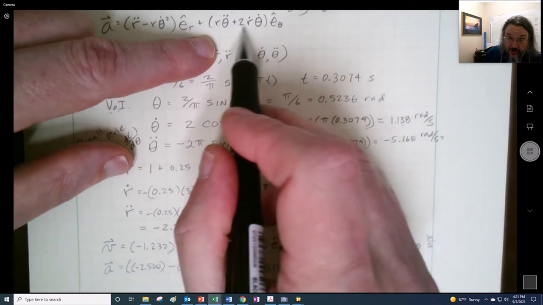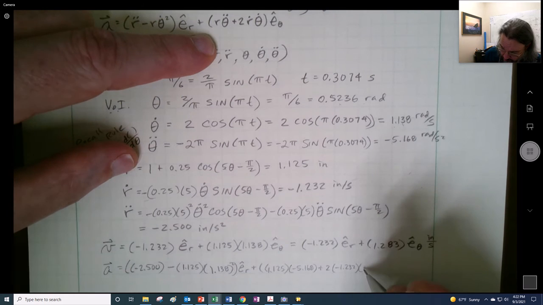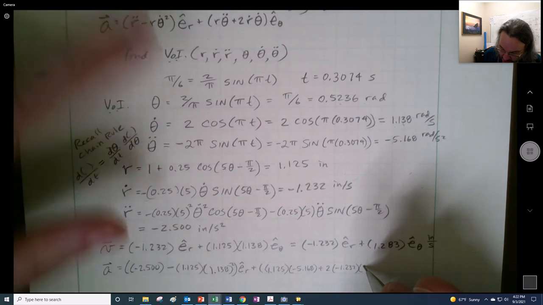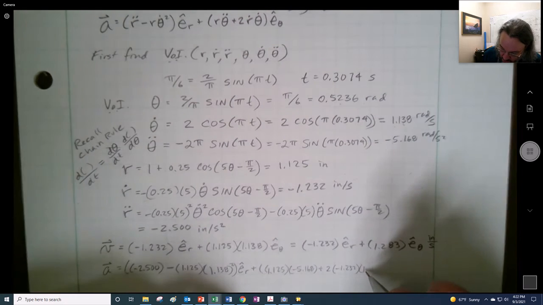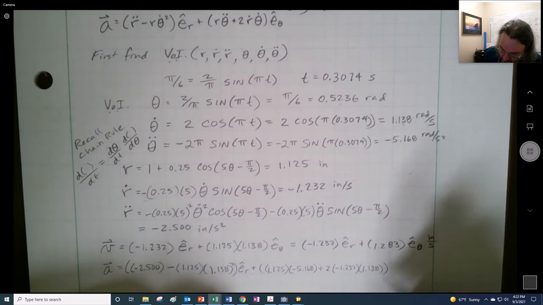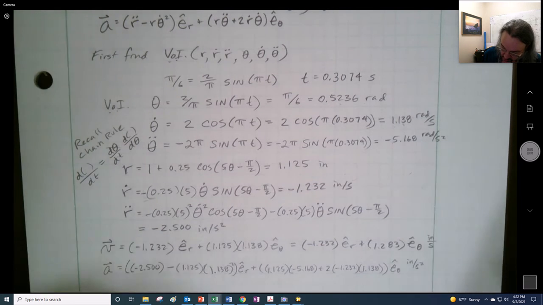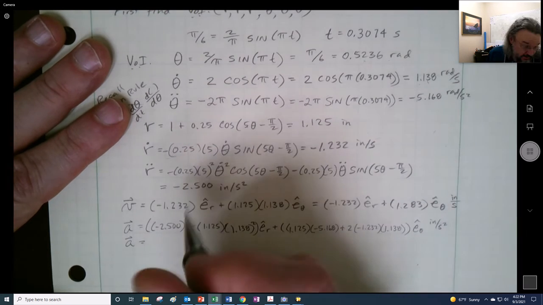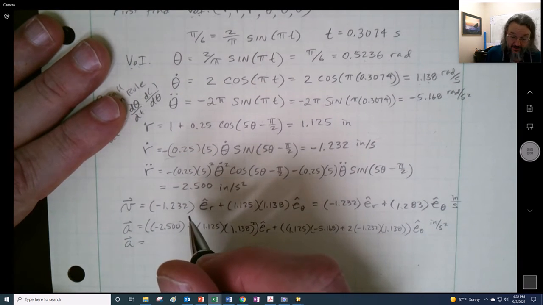Remember that this part right here is the Coriolis kind of acceleration, and we'll keep hitting home on that, especially if and when we get to rigid body kinematics and have more Coriolis acceleration. Theta dot is 1.138, and then we have e theta, and these are inches per second squared. Then I do the math out, and this will be the answer to part C, I think.